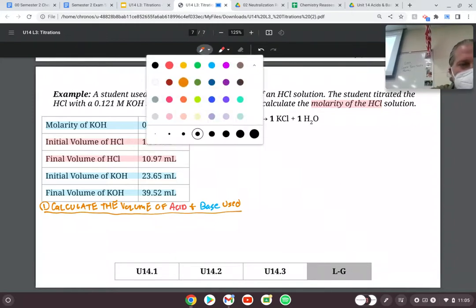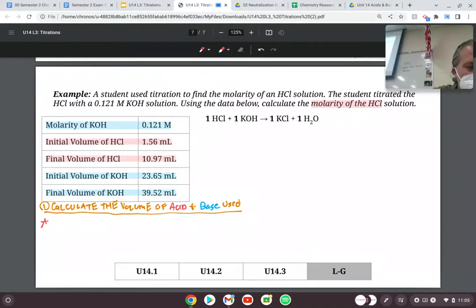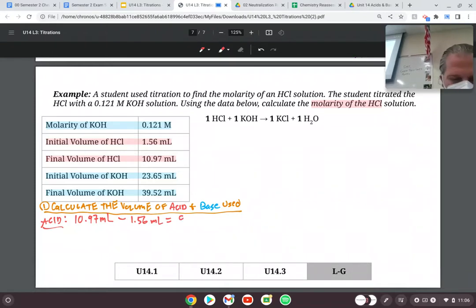So for the acid, I'm simply going to take the final, which is 10.97 milliliters, minus the initial, which is 1.56 milliliters. And when I plug that into my calculator, I get something like 9.41 milliliters.